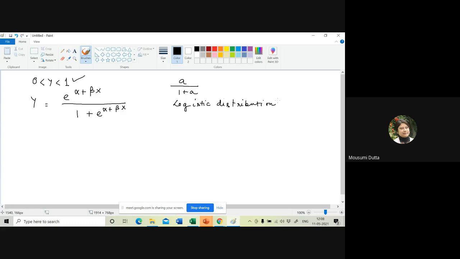I think you have no information about the logistic distribution. However, it is a very commonly used distribution in the context of statistics, econometrics, etc. So the logistic distribution is a half normal kind of distribution with a longer tail.